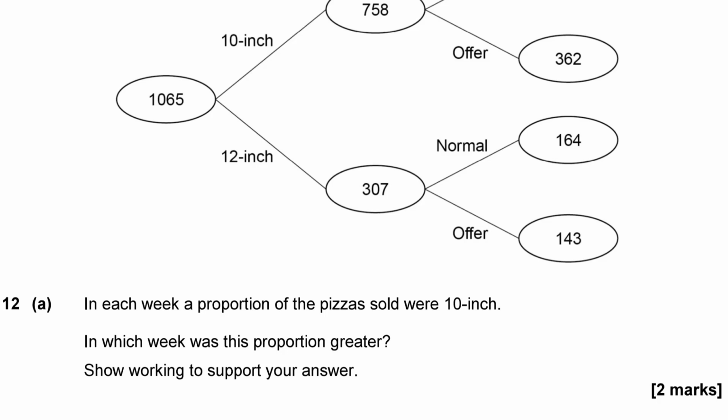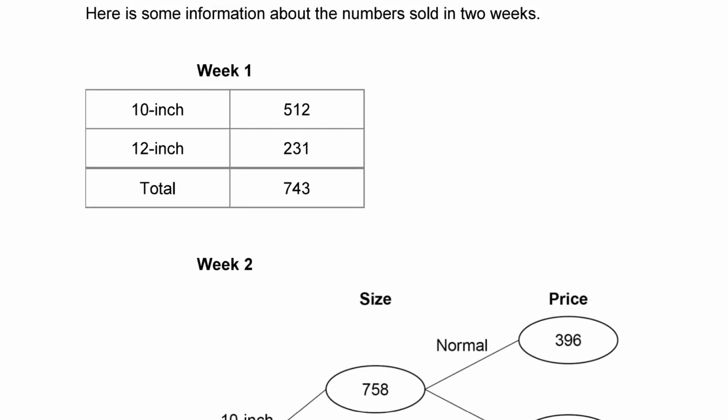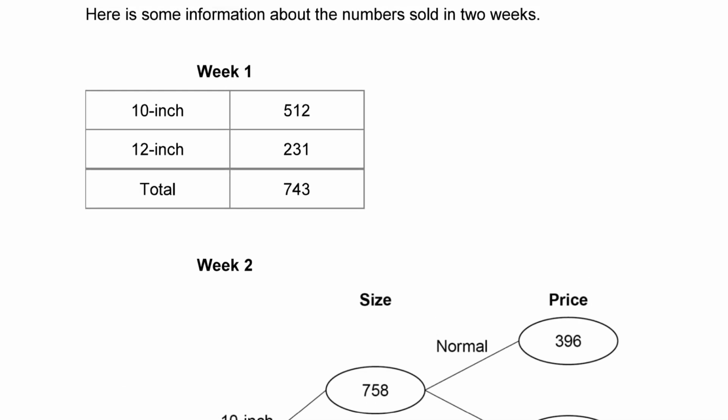Okay, so basically we want to know what fraction of week 1 and what fraction of week 2 were 10-inch pizzas. Week 1 is very straightforward. We sold 512 10-inch pizzas in week 1 out of a total of 743 pizzas. So the proportion that were 10-inch in week 1 is simply 512 divided by 743.